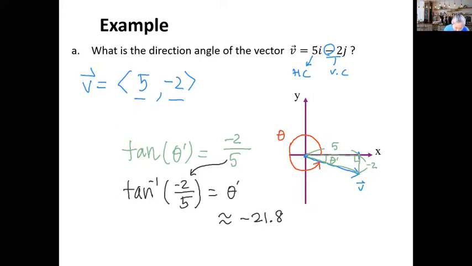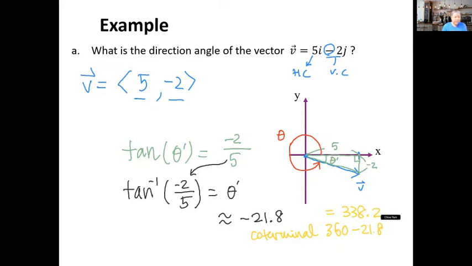Also, as we notate, the direction angle is always from the right side of the x-axis and then all the way positively up to that point. So that's nothing but the coterminal angle. The coterminal angle of -21.8 is 360 minus 21.8, which is 338.2.